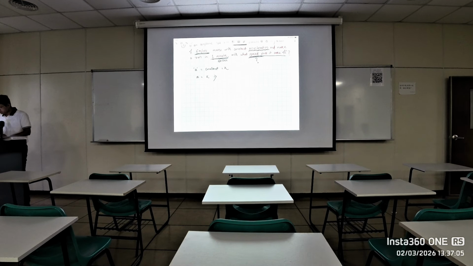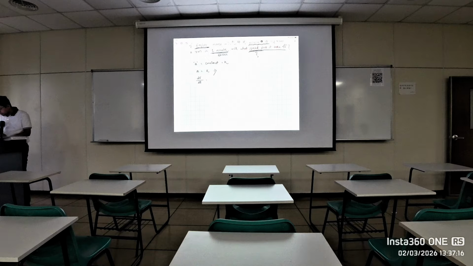So I can write dv by dt is equal to k. That implies dv is equal to k dt.